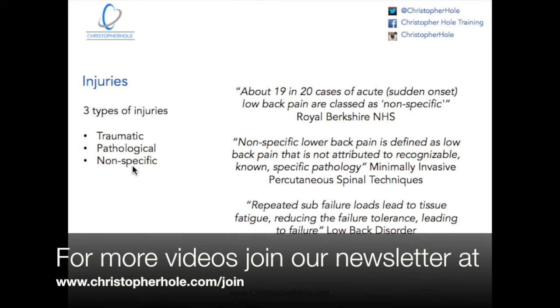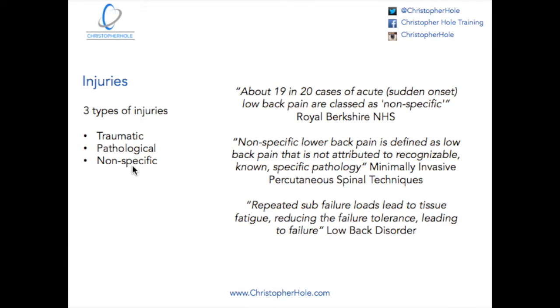Then we come on to non-specific injuries. There are sort of grey areas around it. An easy way to describe it is that non-specific injuries are the straw that broke the camel's back.